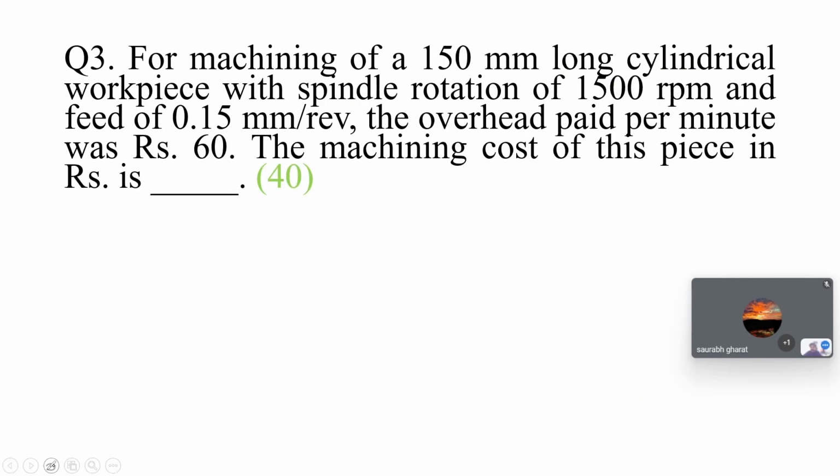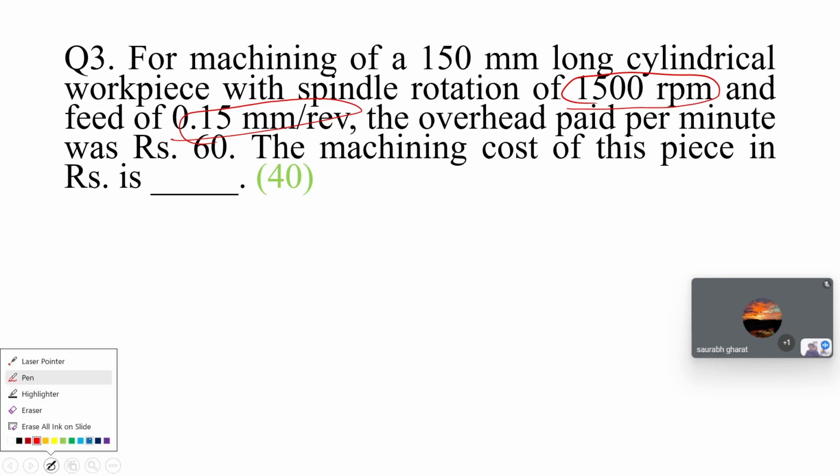The next question: for machining of a 150 long cylindrical workpiece with a standard operation of 500 rpm and a feed of 0.5 millimeter per revolution, the overhead paid per minute was 50 rupees. The machining cost for this piece in rupees is. You just have to know the formula, which is already in the slide.